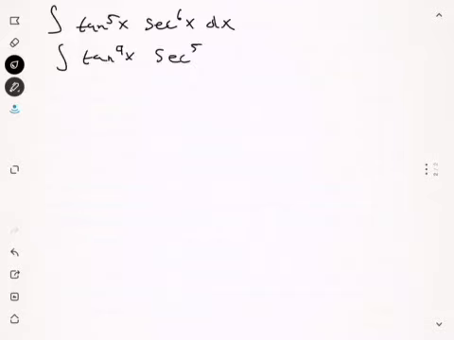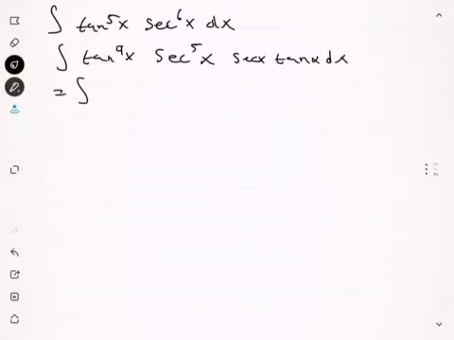So we've got still tangent to the fifth power, secant to the sixth power, and this time we're gonna save a secant tangent. So we're gonna have tangent to the fourth power, secant to the fifth power, and then secant x tangent x. So we say one secant and one tangent.